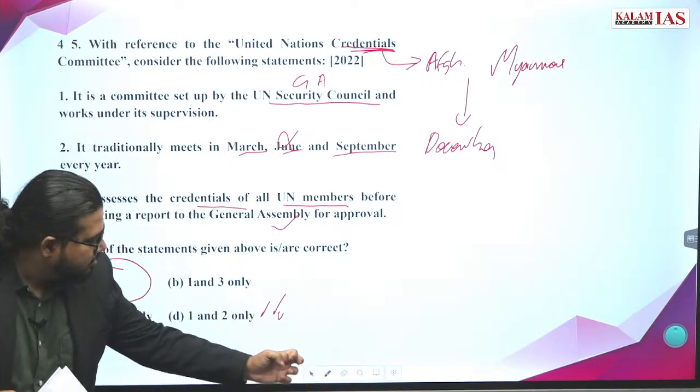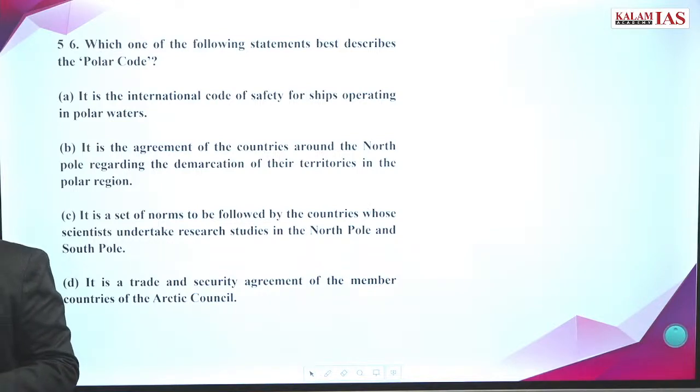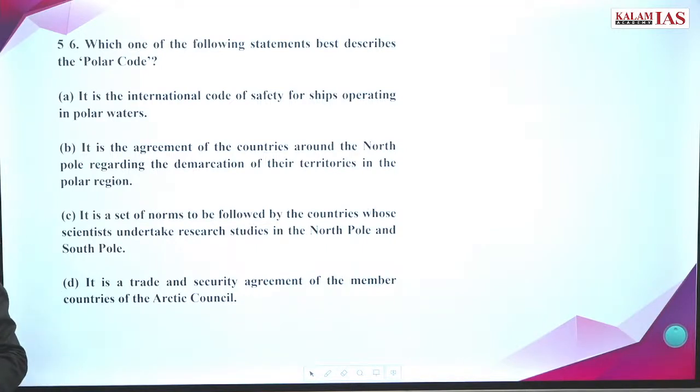Go ahead. Answer the 5th question, 6th in your sheet. What is polar code?